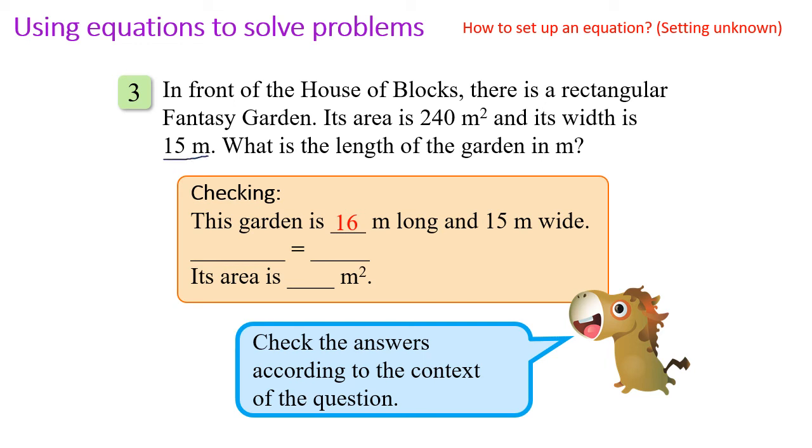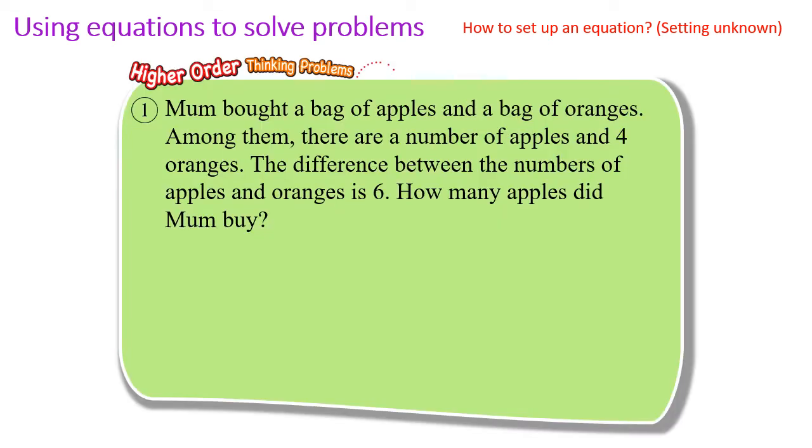From the question, the length you get from your answer, and then you multiply these two together, and you find the answer is 240, which is the same as the given information from the question. So you know that the area is 240. These two are the same, so you got the answer correctly. Make sure that you check it after you finish the calculation.